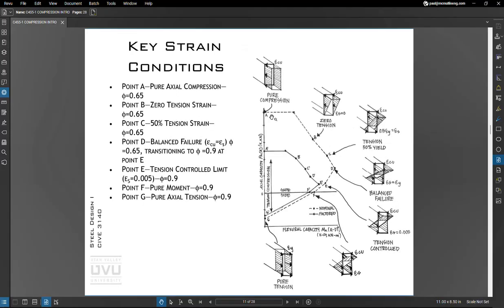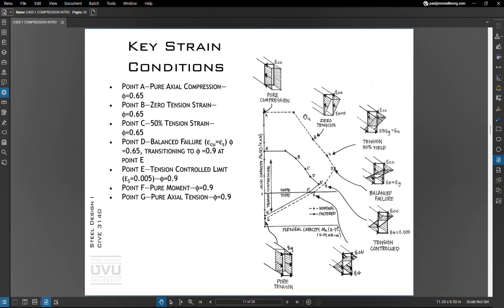These curves we develop based on strain conditions. Rather than get into all of this this semester, I just want to give you a taste of it, to get you excited for when you take concrete next year. Basically what we look at are points of different strain. Right here along the vertical with no moment, we have pure compression.